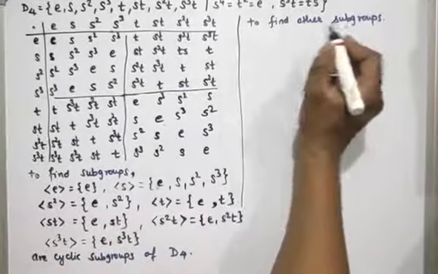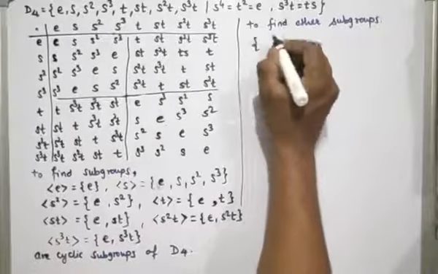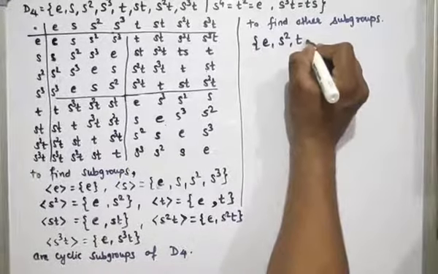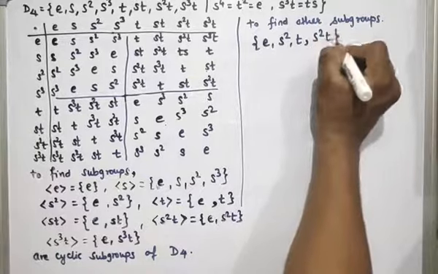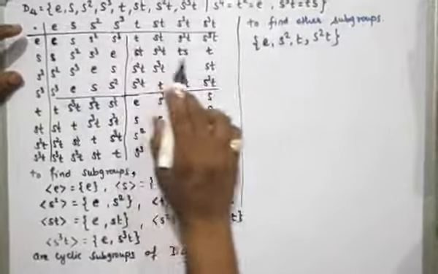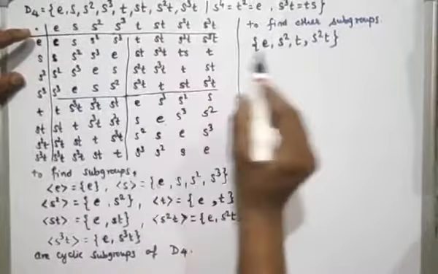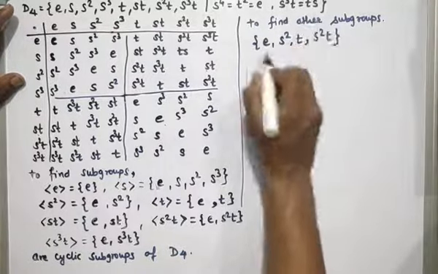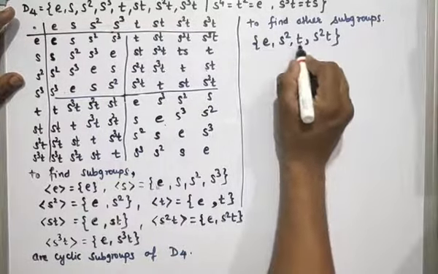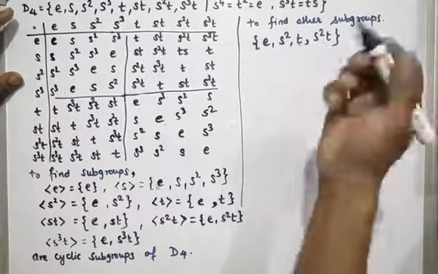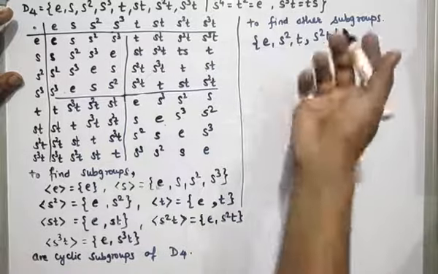Let's suppose I take a subset which is identity, S square, T and S square T. If I take any two elements in that set, then their product also belongs to that set.